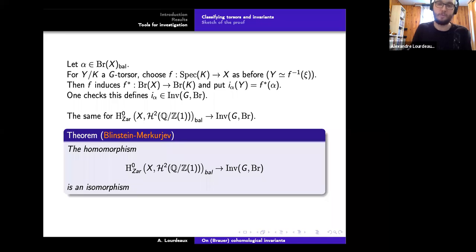Yes, I guess I still need to see what changes for the non-connected case. And also, when I do the calculation with a spectral sequence in the isomorphism, I use a result by Sansuc, and it is stated for a geometrically integral scheme.